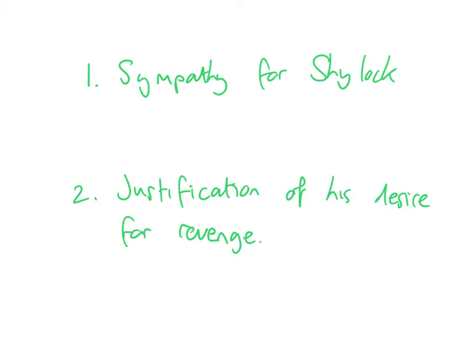Although, as we'll find out in the next section, revenge was forbidden, Shylock's argument here is very logical. It's very well put together, very persuasive through the effect of the rhetorical questions and so on. And so even if the audience may not agree with the morality of revenge, they could at least see the logic.